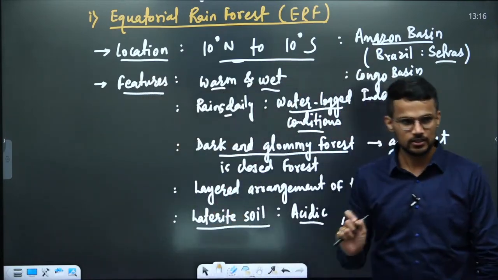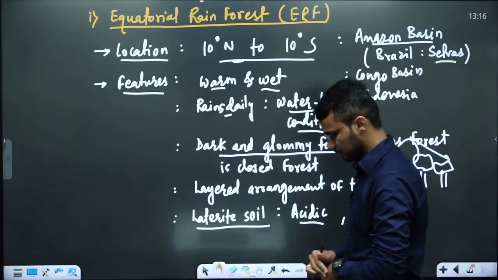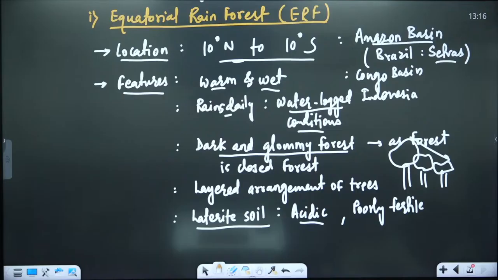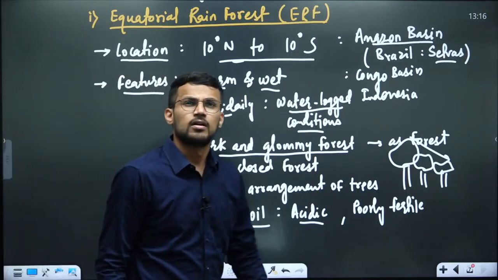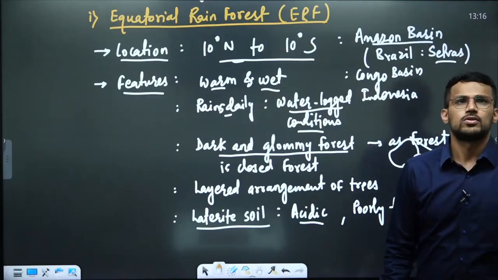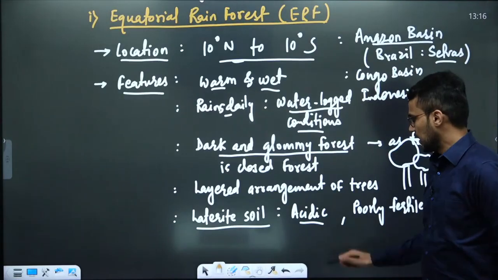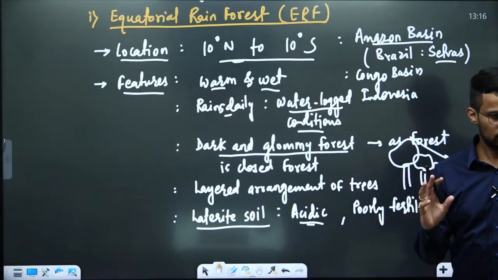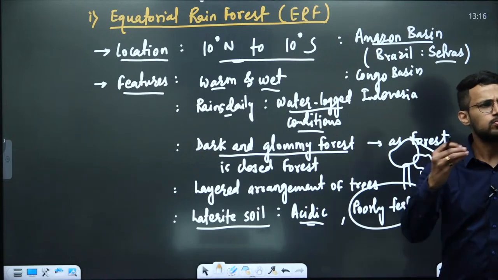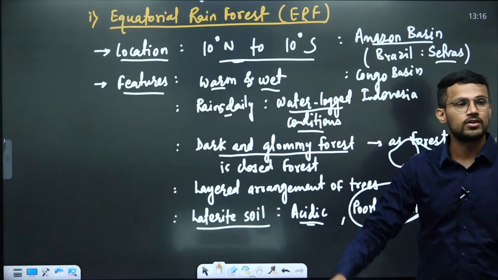So write down there: formed because of leaching and laterization. And this soil is acidic in nature, fine, and it is poor in fertility, fine. If it is poor in fertility, why do we have dense forest in equatorial rainforest?